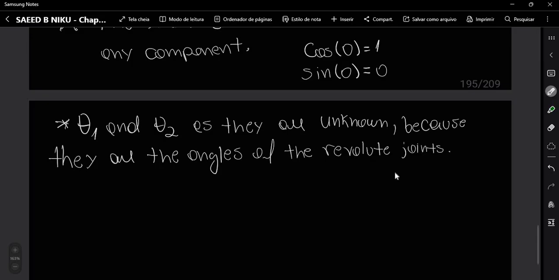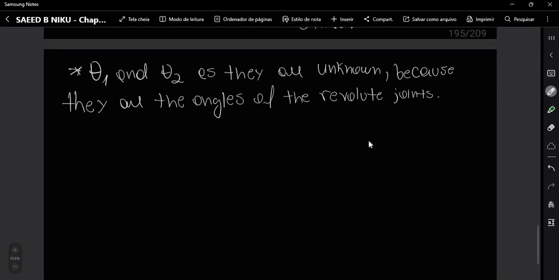Actually, we don't know their angles. So these are our variables.